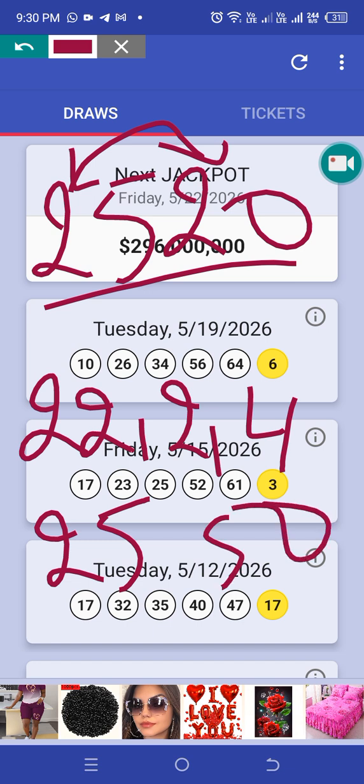Those also could be the number, but the most important number there is 25 and 22.